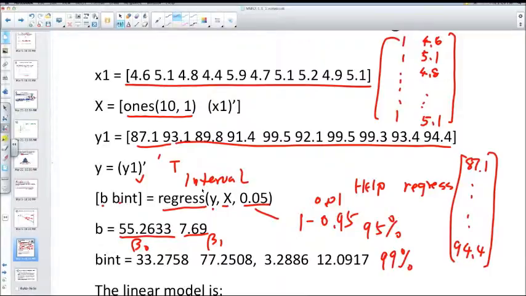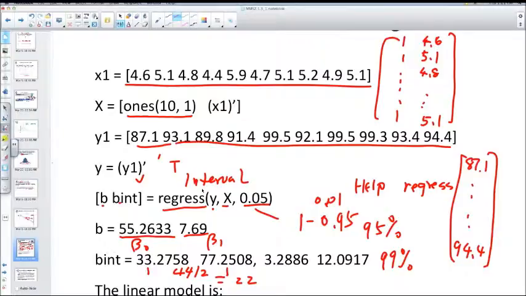You see, the B lower bound is 33, high bound is 77, and the span between the two is about 44 divided by 2, that's 22.